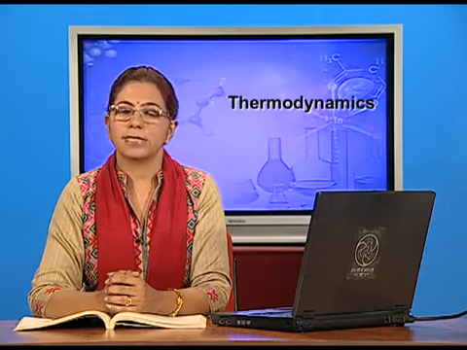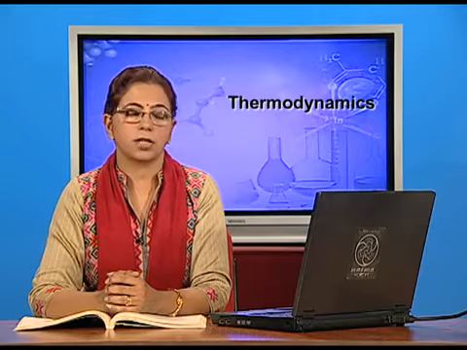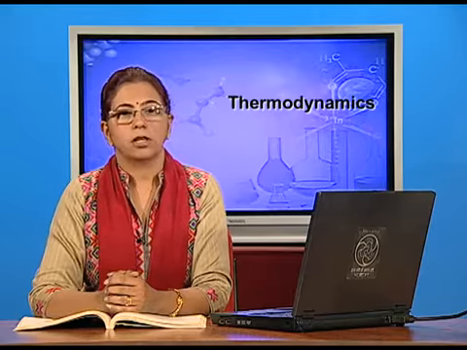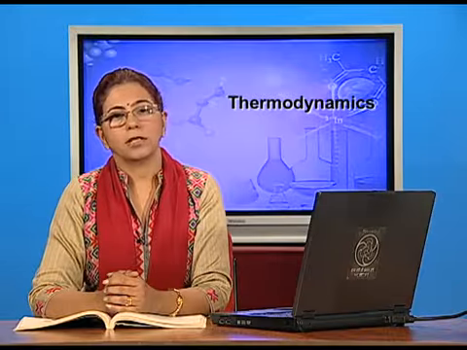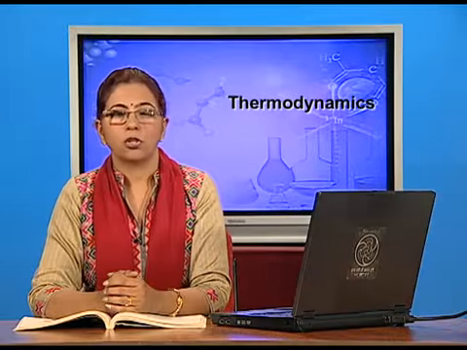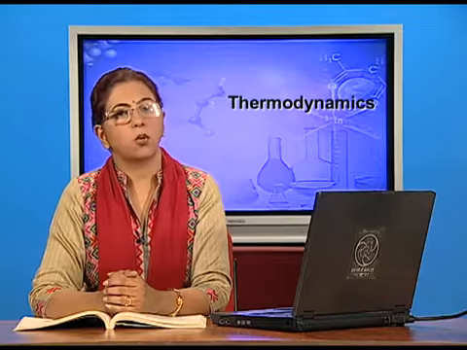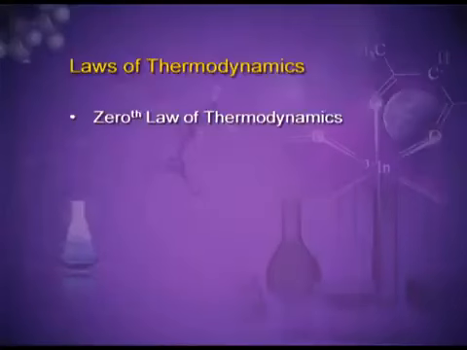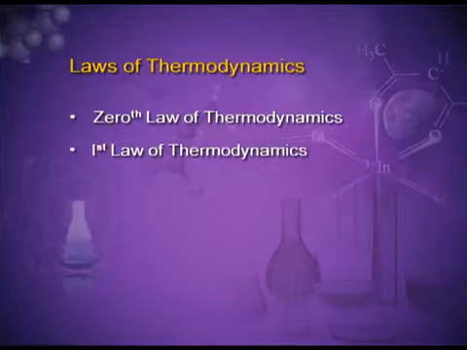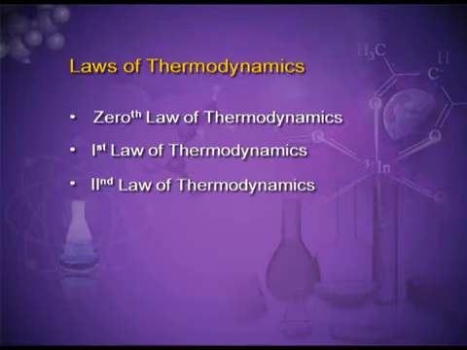There are first, second and third laws of thermodynamics, and later there was one more law, that is zeroth law. So, there are 4 laws of thermodynamics which we will study one by one: the zeroth law, first law, second law and third law of thermodynamics.